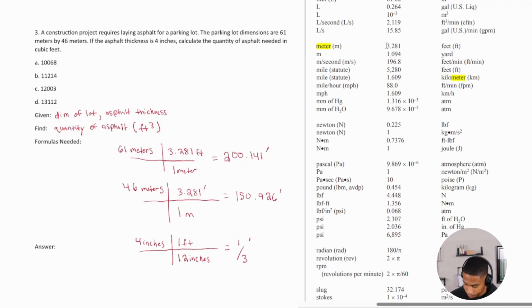So the volume is equal to 200 times 141 times 150.926 times 1 divided by 3.